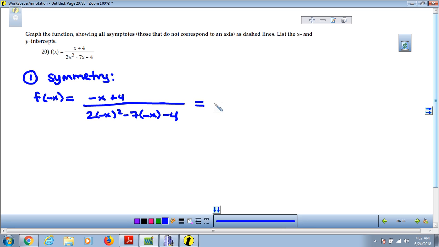So here, negative x times negative x is a positive x squared, so this is going to be a positive 7x, because a negative times a negative is positive. So right here on the numerator, one term changed sign, the other one did not. So then this means that there's no symmetry.